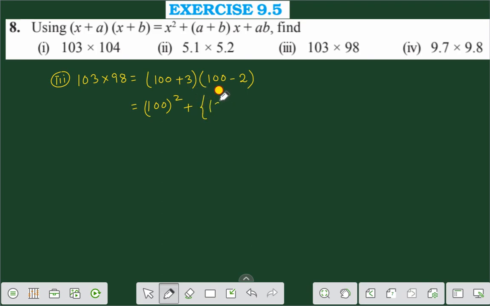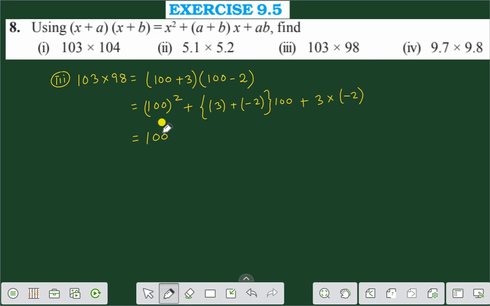A is 3 plus b, in bracket you can write minus 2, into x, which is 100, plus ab, a is 3 and b is minus 2, right?